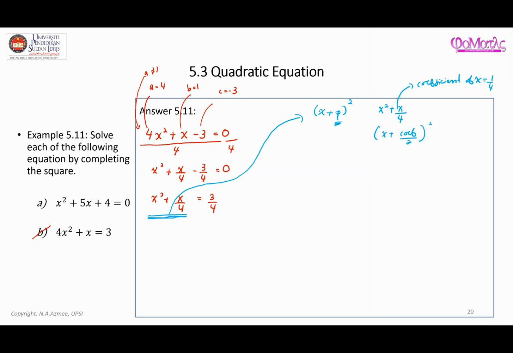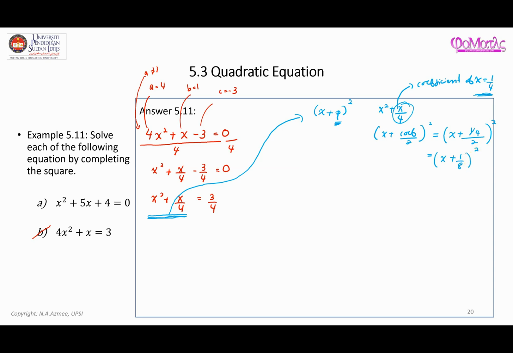Now it becomes x plus coefficient, which is 1 over 4 here, so 1 over 4 over 2, squared, so it becomes x plus 1 over 8 squared.